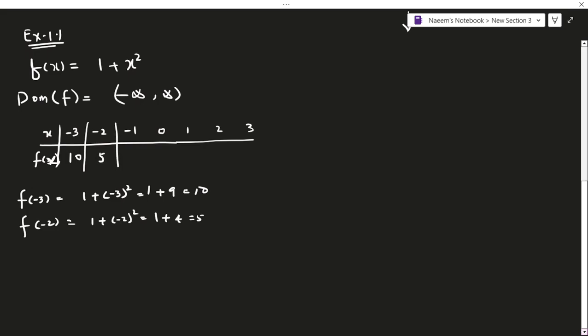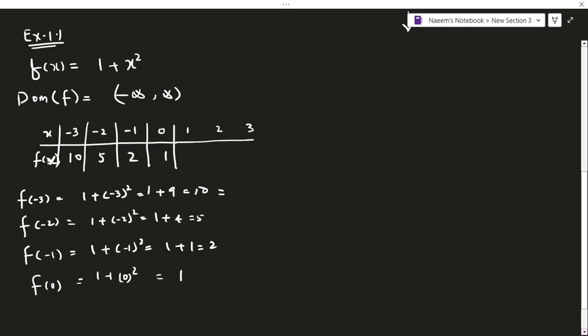Plug x equal to -1, it will be 1 plus (-1) square, 1 plus 1 equal to 2, and you have this one plus 0 now. 1 plus 0 square, 1, and it will be this one. If you check that, this is f at 1 same value, f at 2 same value, f at 3 same value.